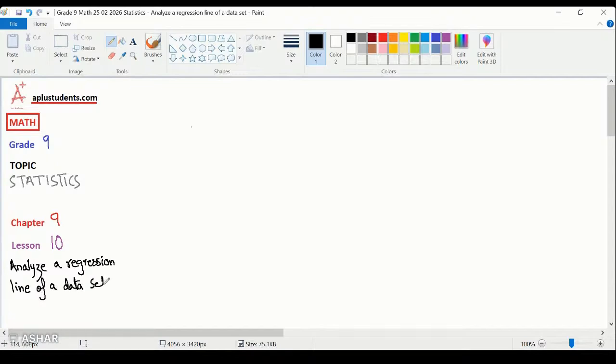So some information would be given to us and we'll try to create a regression line and assess what the regression line is, the information from the regression line, okay? So the question number 1 says, I'll just copy the question.